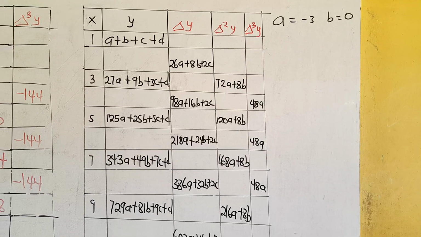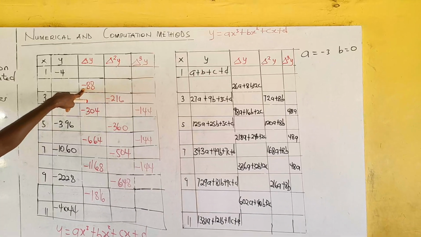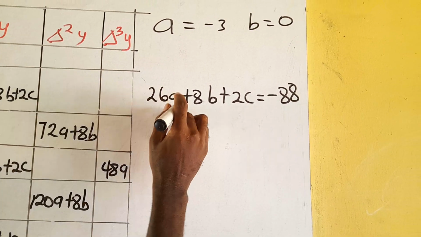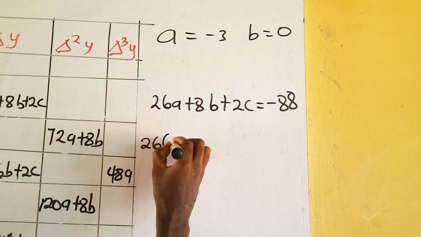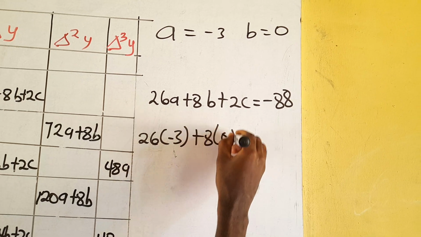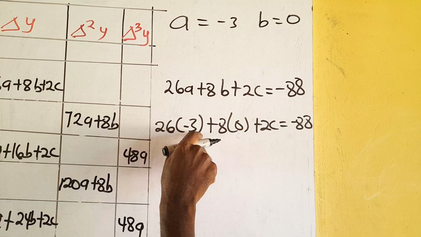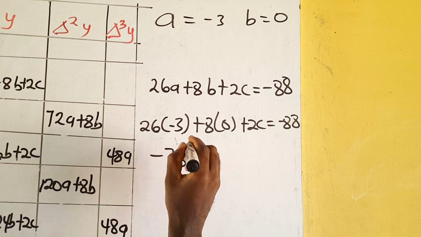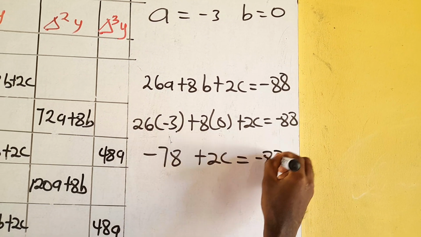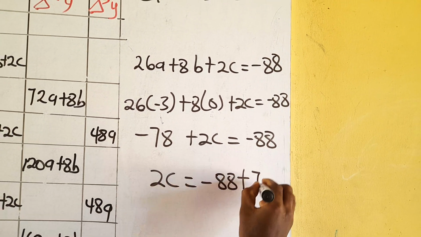So we can also say that 26A plus 8B plus 2C is equal to negative 88. So now we substitute. We know A to be negative 3. So 26 times negative 3, B is 0, then plus our 2C will be equal to negative 88. 26 times negative 3 will be negative 78. 8 times 0 is 0, so plus our 2C is equal to negative 88. 2C is equal to negative 88 plus 78.